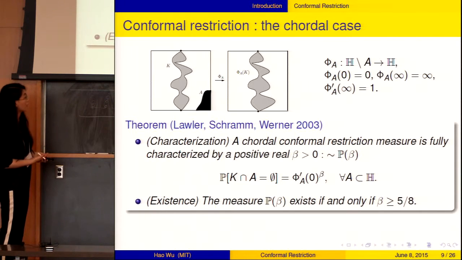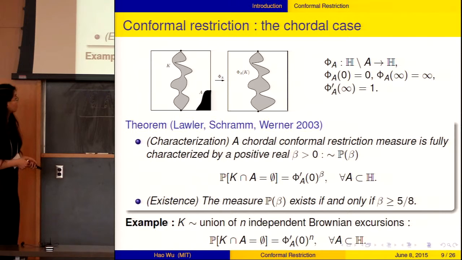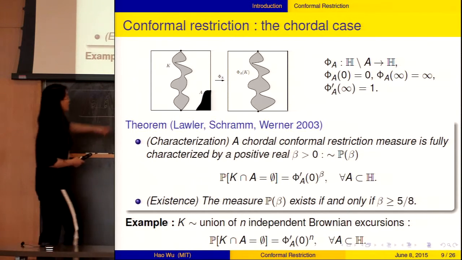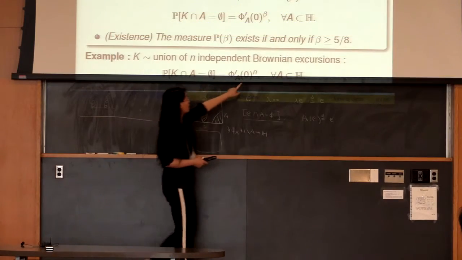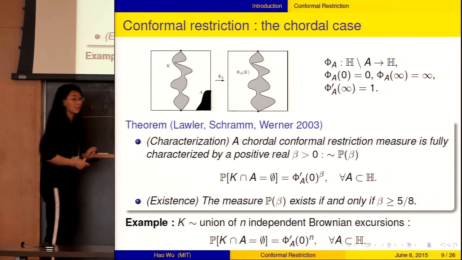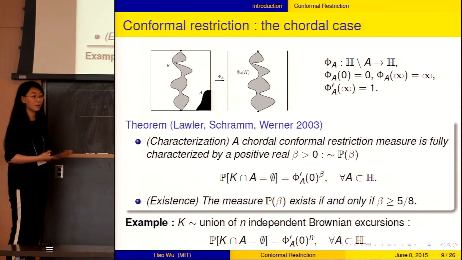There is a lower bound for beta, and this lower bound is 5/8. We already know that if K is the union of n independent Brownian excursions, it satisfies this relation with exponent n. So we can get a sense that beta corresponds to how many Brownian excursions we have in this set.